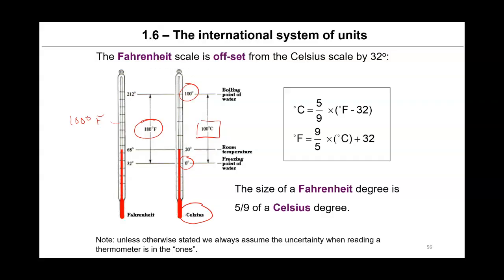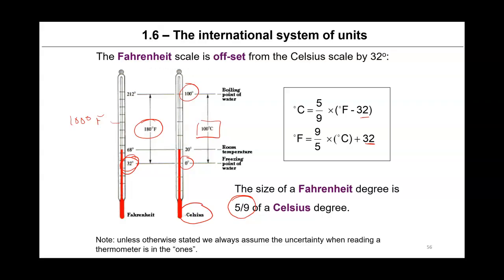So what we end up with are two scales where the difference between the 0 points is 32 degrees, and 1 Fahrenheit unit is smaller than 1 Celsius unit. In fact, a Fahrenheit unit is only 5/9 of a Celsius degree.